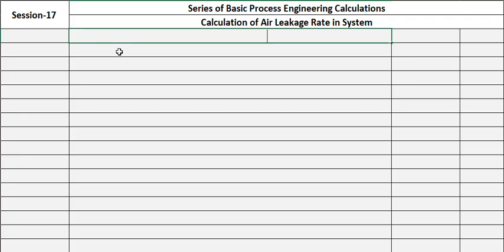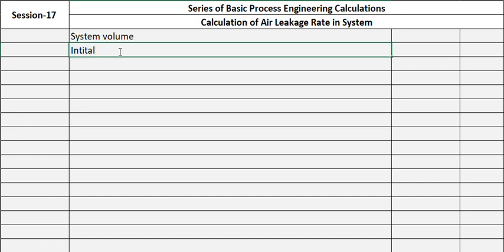So we first need the system volume. That includes the volume of the reactors, then the piping, condenser, and its catchpot, or you can call it the receiver.